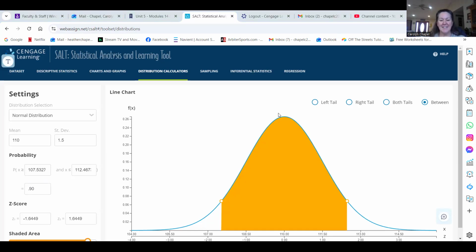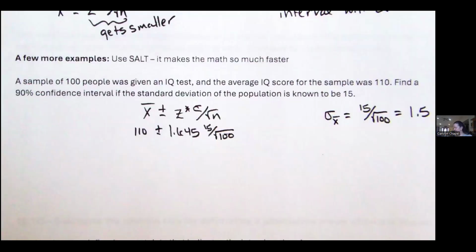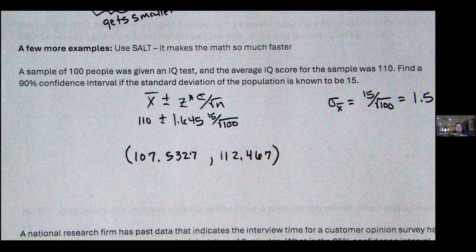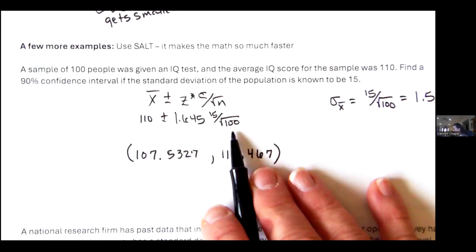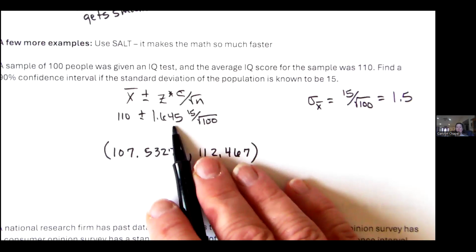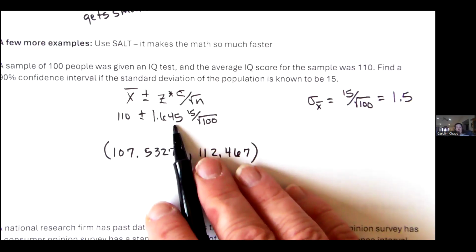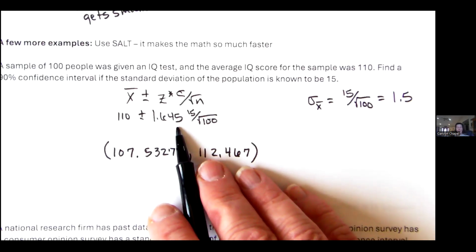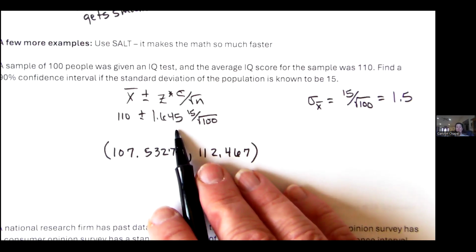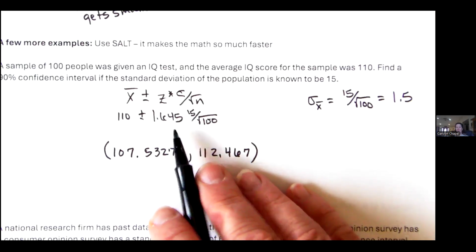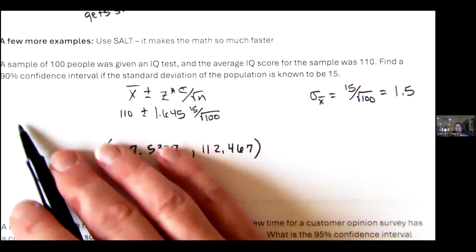And that's it. So we can go back and get our next example and keep going. Isn't this fun? SALT is such a help. Not that this formula is difficult; it really isn't all that bad. We do need to know what our Z star is, but we don't need to know Z star when we're going to calculate it in SALT. So just realize you don't even need that piece. All you need is the information given in the problem.